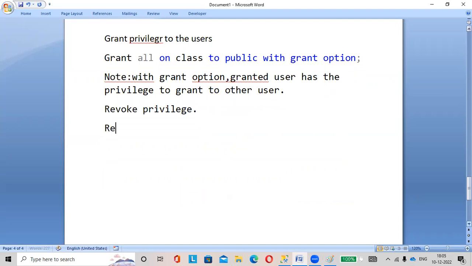Revoke select on class from public. This command is used to take back the privileges which are already assigned to the specific users. Is it clear, ma? Yes.